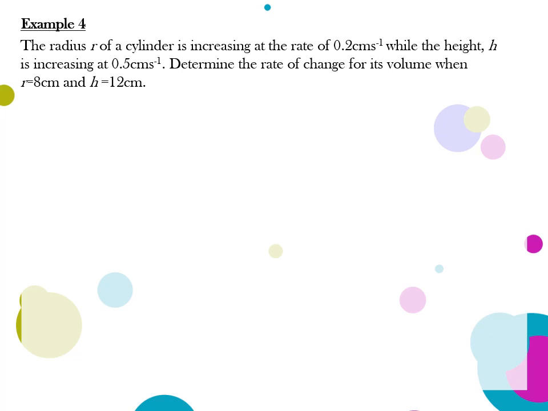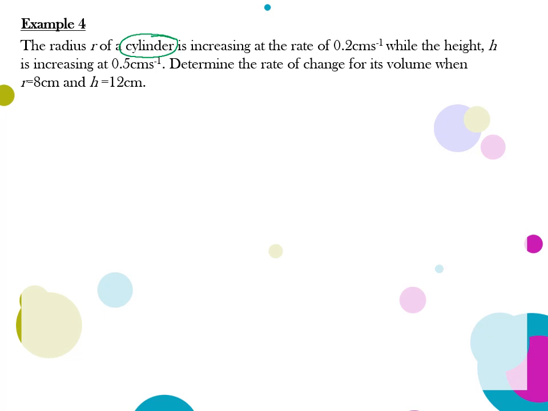Okay, let's go to the second example. The radius R of a cylinder is increasing at a rate of 0.2 centimeter per second.